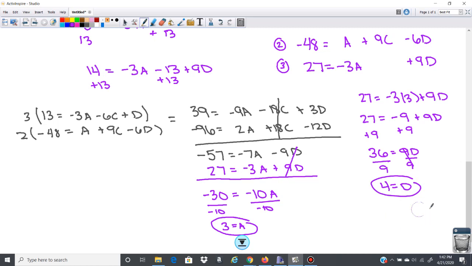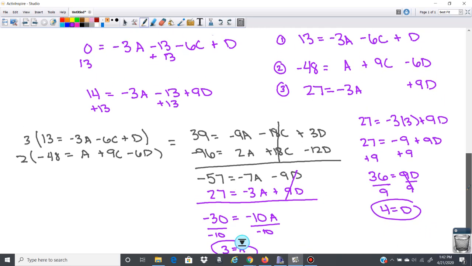Now I can find c. So let me use the first equation here. 13 equals negative 3a, so 3, minus 6c plus d, which is 4. So negative 3 times 3 is negative 9, minus 6c plus 4. So negative 9 plus 4 is negative 5.